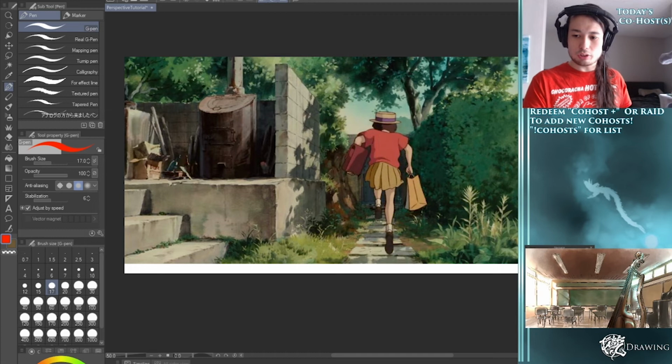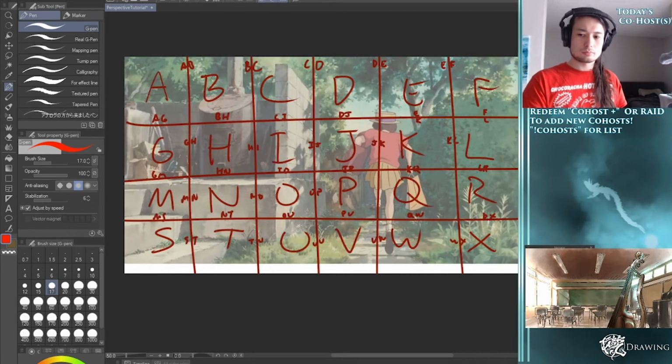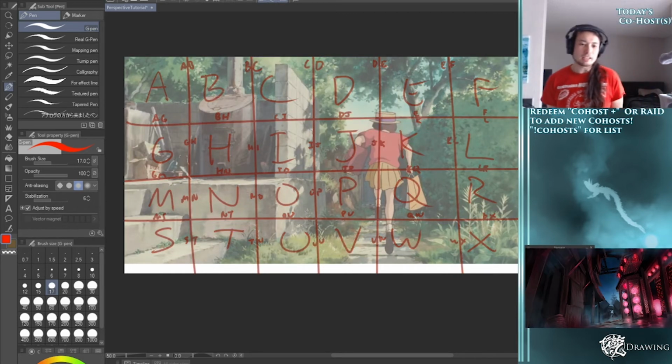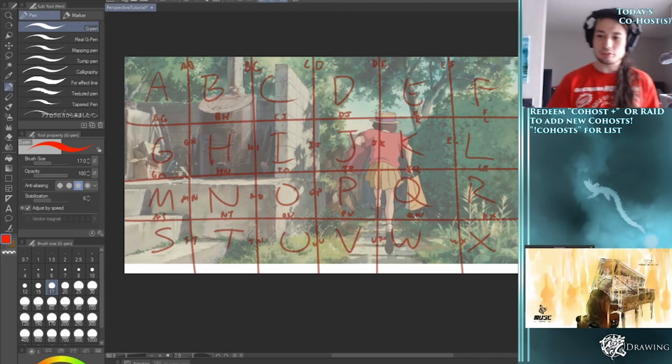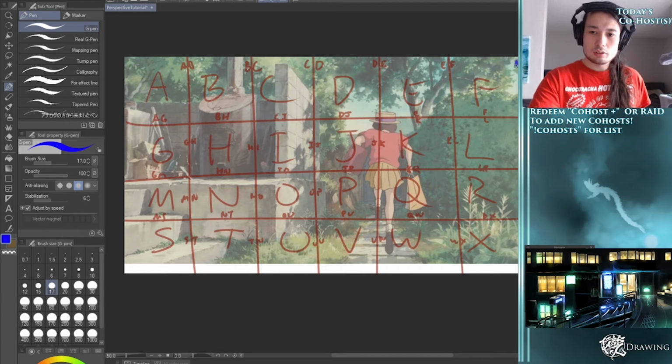Here's a more interesting question. Where's the horizon line about? How high is the horizon line? We'll make this easier, shall we? Use the numbers.